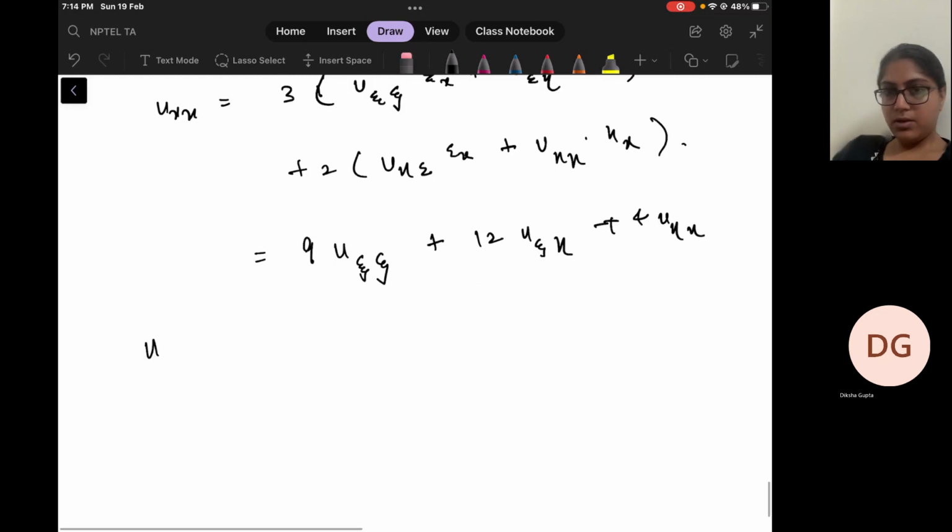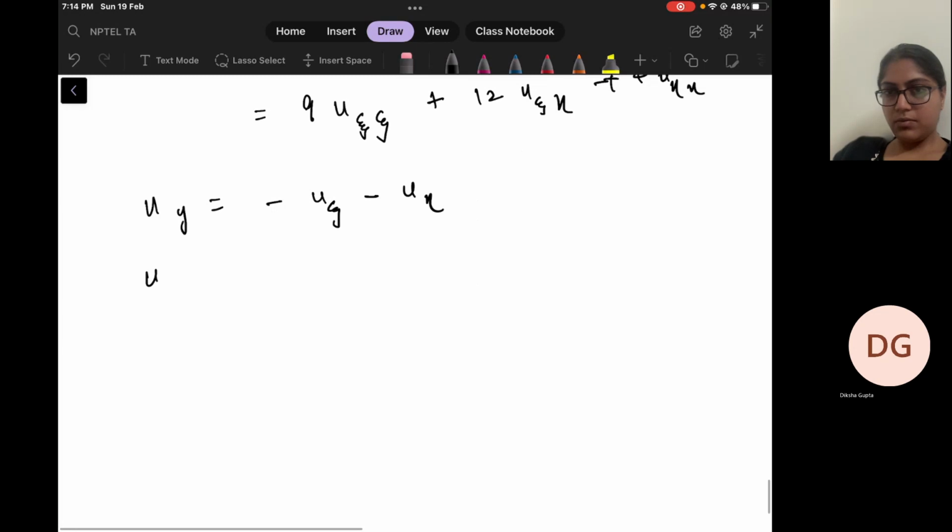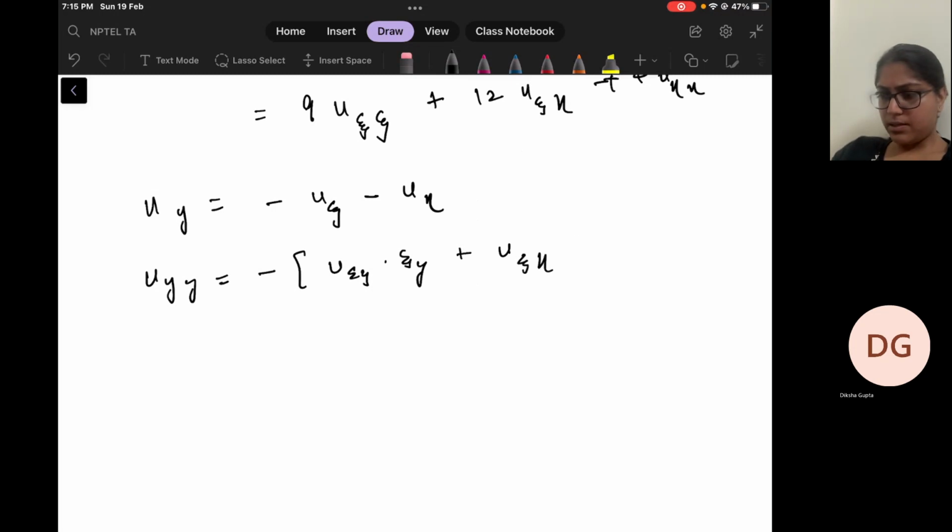Okay, similarly you can calculate uy as minus u epsilon minus u eta. So uyy will be, if I take minus common, then it will be u epsilon epsilon into epsilon y plus u epsilon eta into eta y plus u eta epsilon into epsilon y plus u eta eta into eta y.